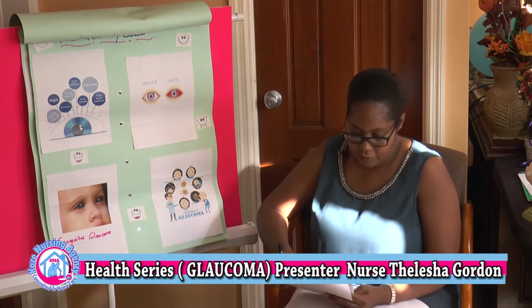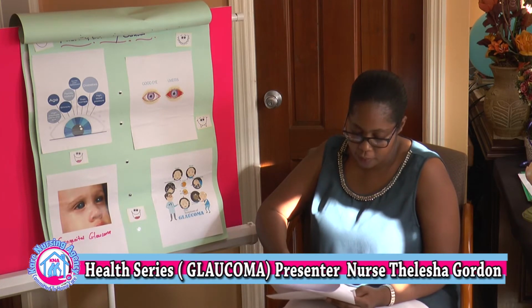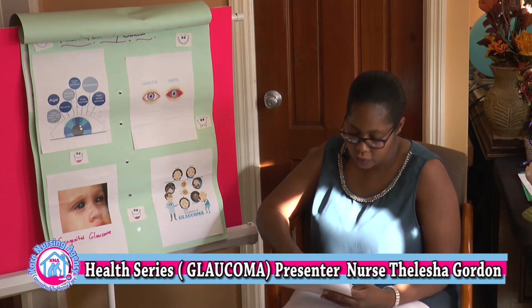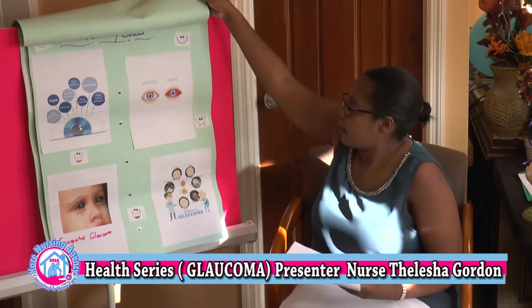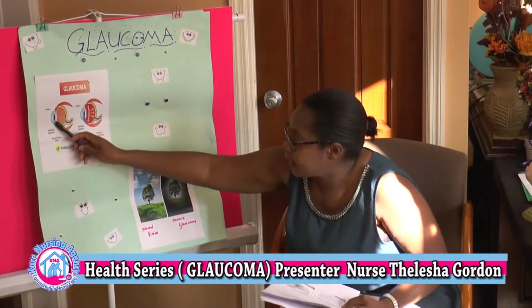Now, primary open angle glaucoma. In this type of glaucoma, the optic nerve damage resulting from increased pressure in the eye is caused by the blockage of the trabecular meshwork. If I can go back to the front page, this is where the angle is.